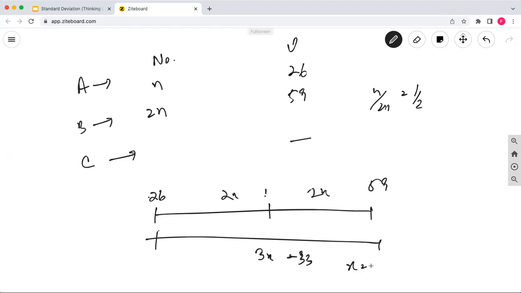This way x came out to be 11. We know x, so this will be 26 plus 2 into 11, which is 44. Not 44, 48.